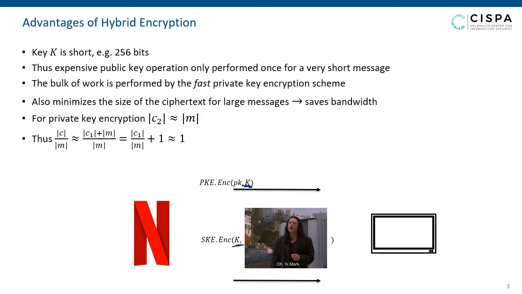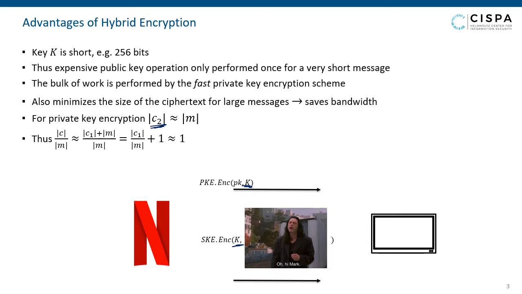So looking at this, the overall ciphertext rate, which we can define as the size of the ciphertext divided by the size of the message, is for hybrid encryption, well, we said that the private key part of the encryption is roughly the same size of the message that it encrypts.